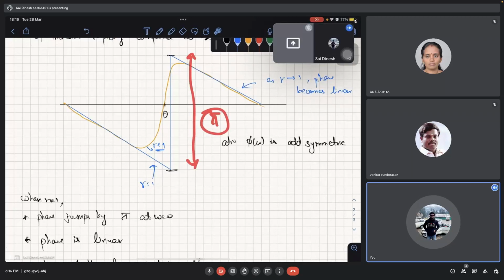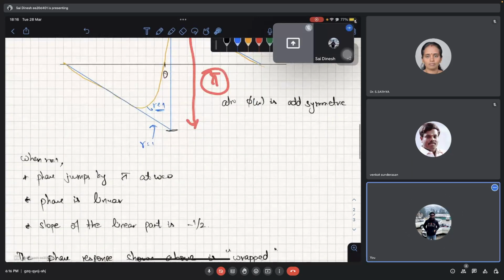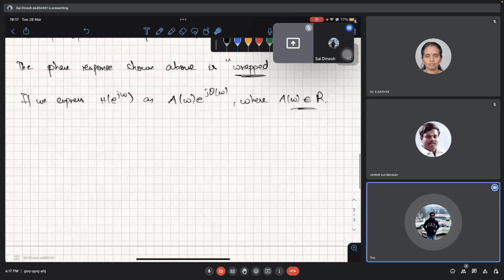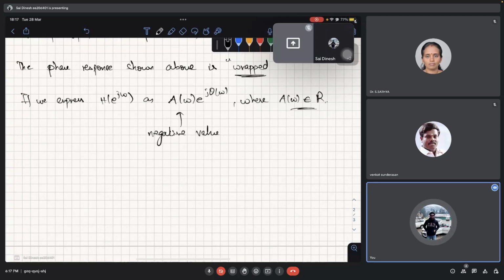One would not have that jump if we consider it in this format, because the negative value is absorbed by A(ω) when we cross that pole or 0, right?